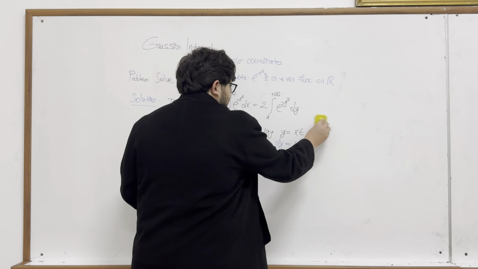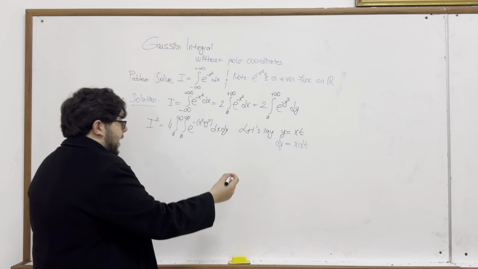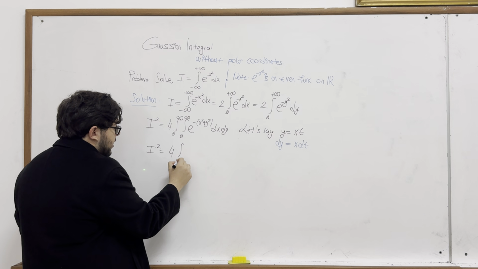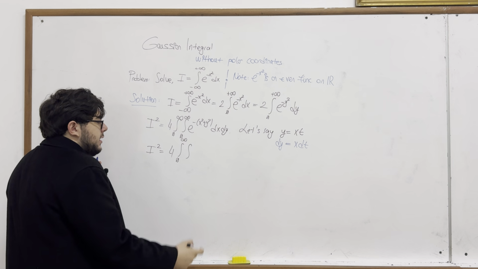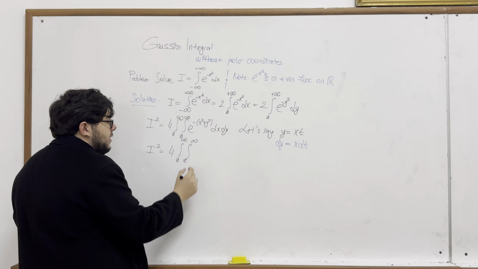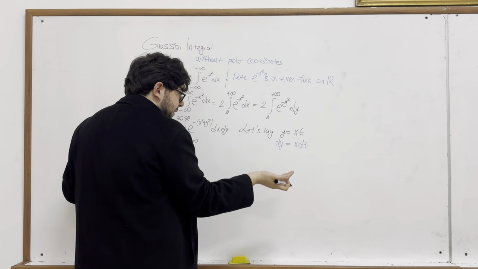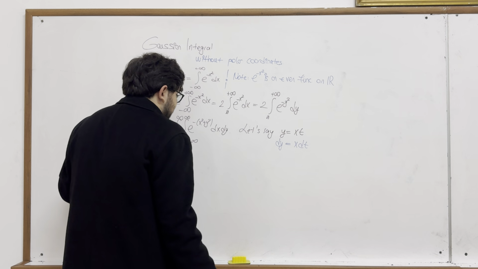Okay, so let's write down what we accomplished here. I squared is equal to 4 times the integral from 0 to infinity. What are the boundaries? It's the same, 0 and infinity, because if you put y as 0, then t must be 0, and if you put infinity for y, t must be infinity.